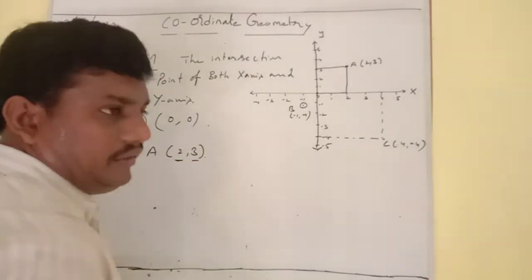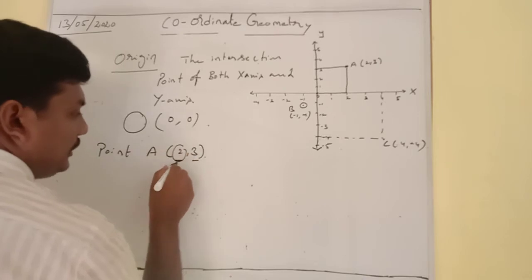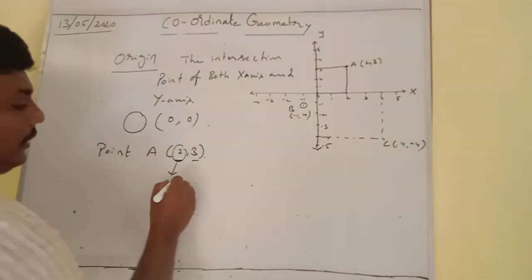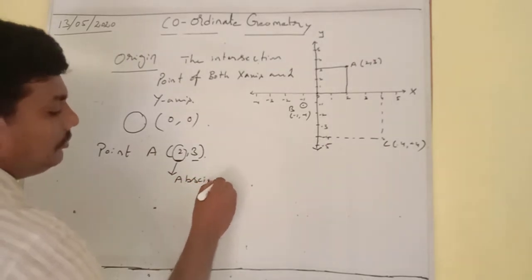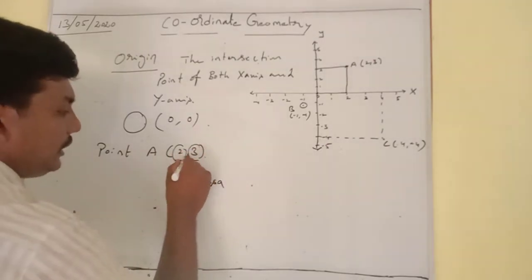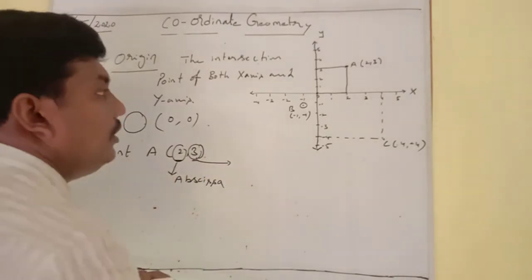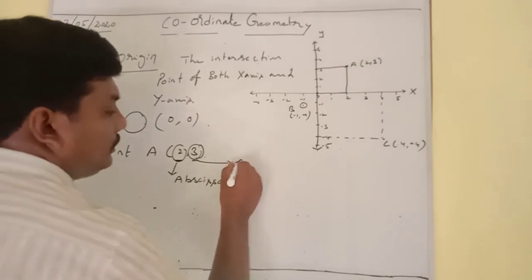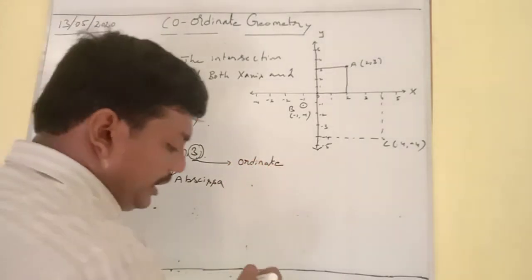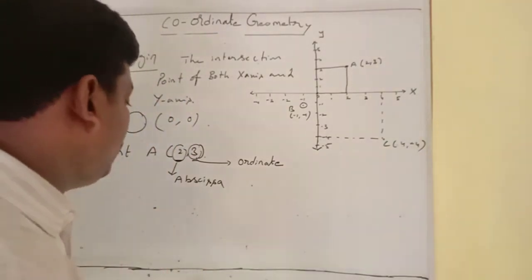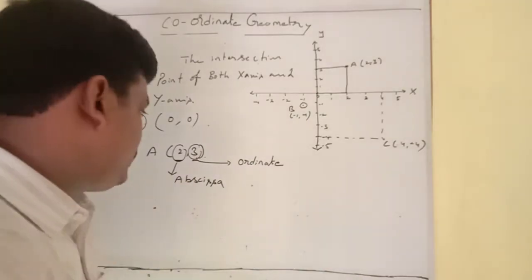In an ordered pair, the x coordinate value is called the abscissa and the y coordinate value is called the ordinate.